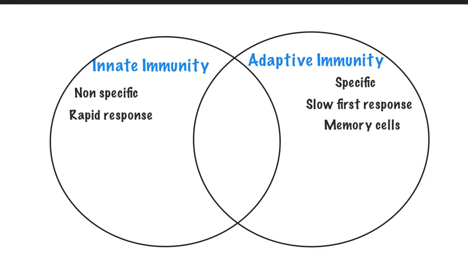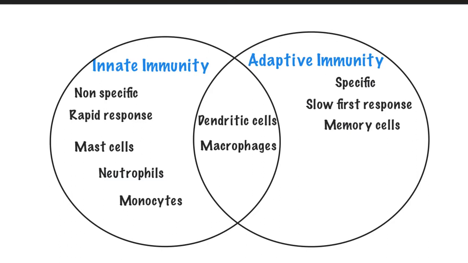Let's break it down into the types of cells we will find in each. In innate immunity, we see mast cells, neutrophils, and monocytes. In innate immunity, we also see dendritic cells and macrophages, which are antigen-presenting cells, and natural killer cells, but these will go in the middle because they actually overlap some of their responsibility in engaging the adaptive immune response.